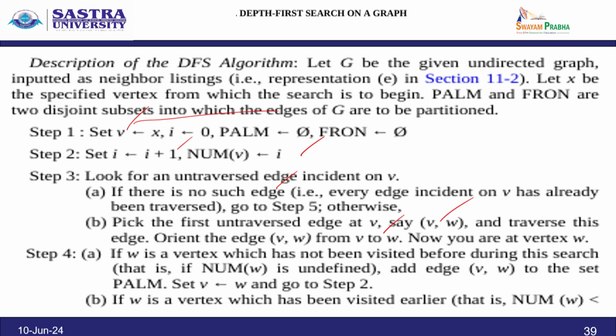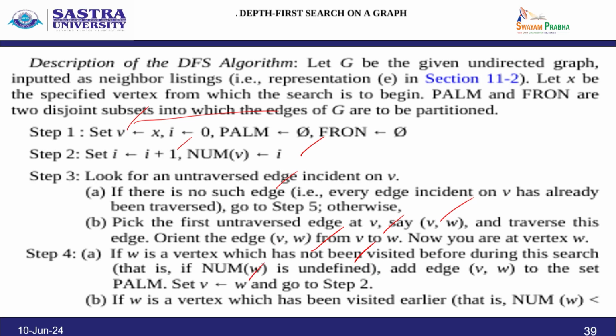Step 4, if W is a vertex which has not been visited before during this search, that is, if NUM of W is undefined, add edge V comma W to the set pom, set V to W and go to step 2.